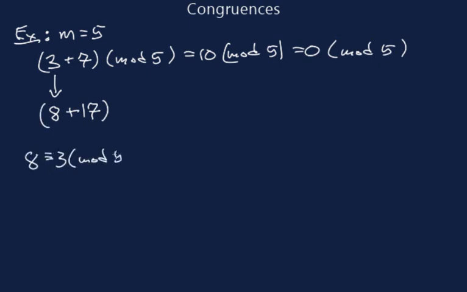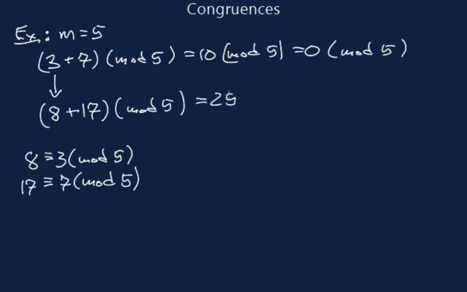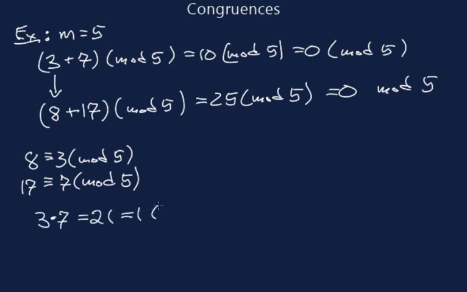Well, 8 and 3 are equivalent mod 5, and 17 and 7 are equivalent mod 5. So what I'm saying is it shouldn't matter. I can replace 3 with 8 and 7 with 17, and I should get the same answer. Well, when I add them, I get 25 mod 5, and that is indeed 0 mod 5. Of course, 25 is not literally equal to 10, but that doesn't matter. 25 is equal to 10 mod 5, because they're both 0 mod 5.